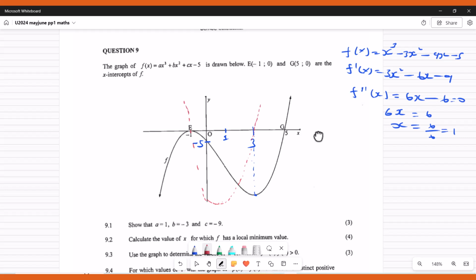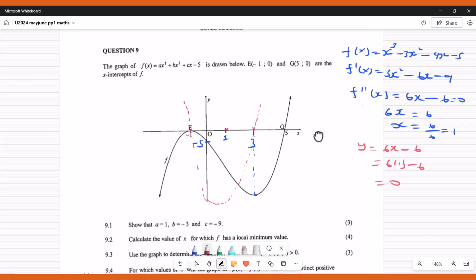Now the second derivative is y equals 6x minus 6. When x is 1, it's 6 times 1 minus 6, which gives me 0, right? So it must be passing through this point here.